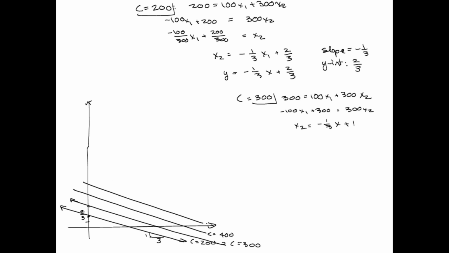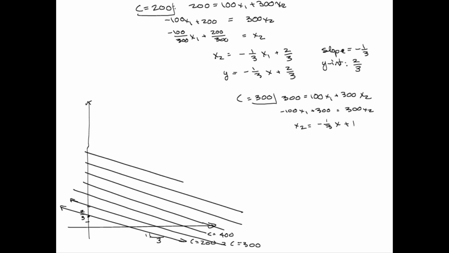If C happened to represent cost, these would be constant cost lines. Okay. So they're going to go out. They're all going to be parallel. So C equals 400, then this one would be C equals 500, C equals 600, equals 700, etc.